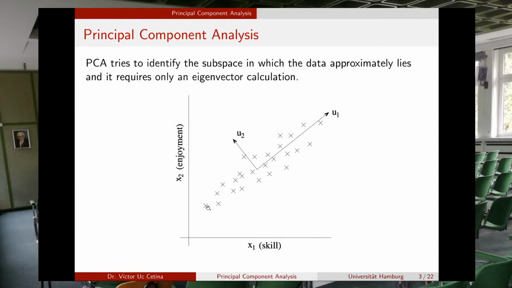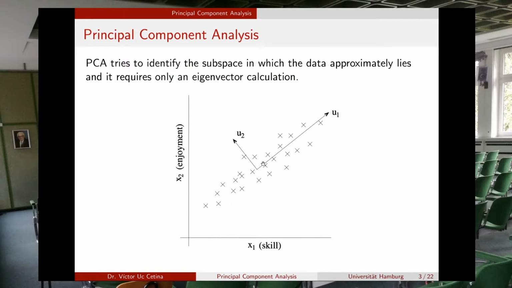And what we would like to discover is in which direction or directions. In this case we have here two vectors, U1 pointing towards one direction and U2 pointing to another direction, and we would like to discover this subspace in which the points are more dispersed.